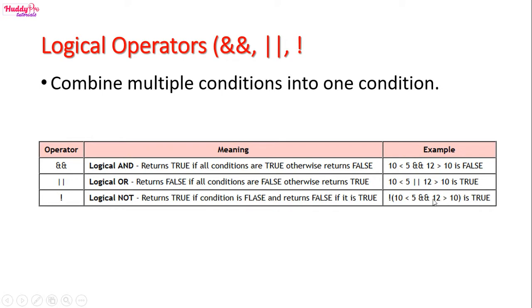And since we are using the logical AND, the answer is false, because logical AND can only return true if both conditions that we are comparing are true. So since the AND will return false, now we go to the negation. The opposite of false is true. So that's how this logical NOT will work.